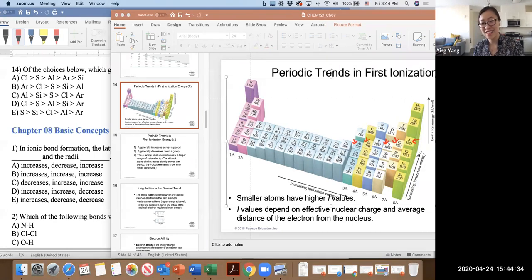Okay, now it actually is easy because they're in the same period. And what would the order be from the largest to the smallest? What do you guys think?